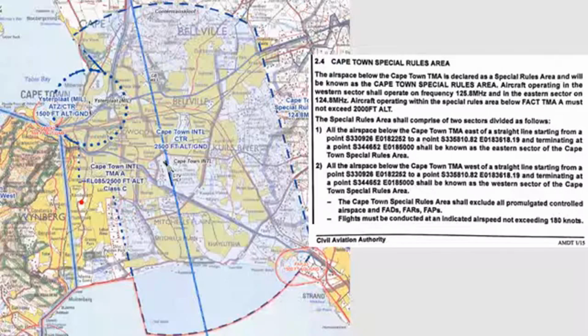Their frequency in this case would be Cape Town CTR, which is 118.1. Communicate with Cape Town Tower, advising of your intentions, and they'll hand you back over to the Special Rules West for broadcast. It's very important that you update everybody as to your intentions, and that you let everybody know that you're in the Kenilworth area for the joining procedures.